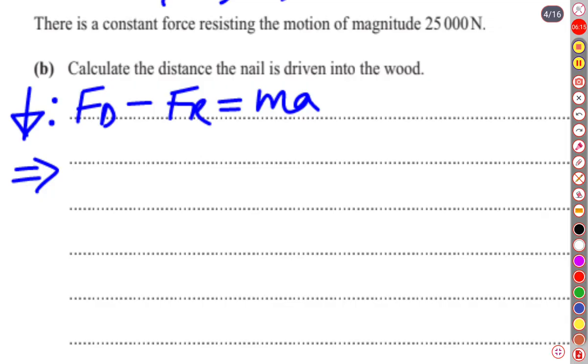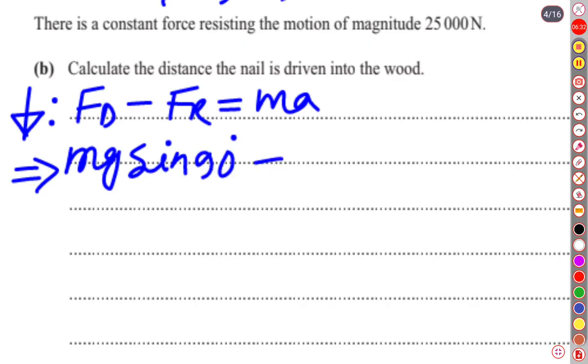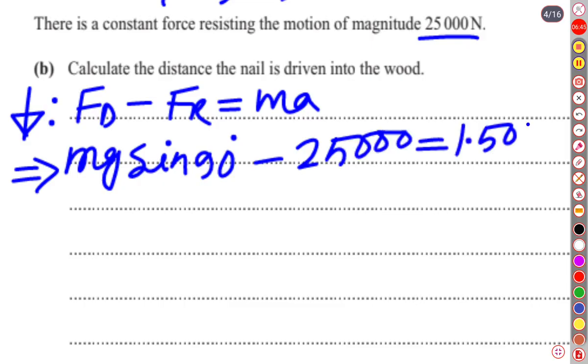We know that the driving force is mg sin 90 degrees, because the hammerhead is hitting the nail vertically downward, minus the resistance to motion, which is given as 2500, equal to the mass of both particles combined, 1.505, into acceleration.